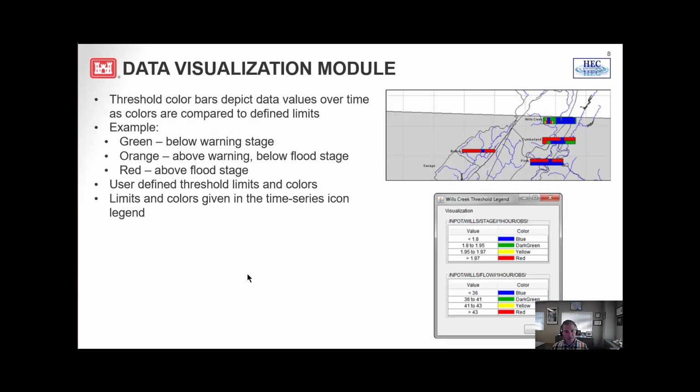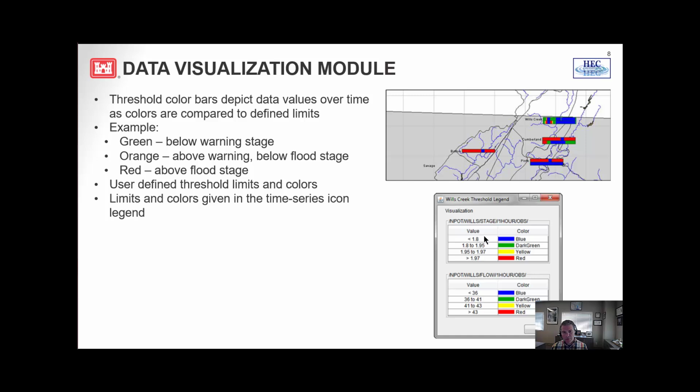Within the data visualization module, you can also set up threshold color bars. And these threshold color bars are just options for you to visually see what different ranges the data might be in. For the example that we have here on the bottom right for a stage gauge, you can see that if the stage is less than 1.8 feet, I'm guessing, then the bar color will be blue.